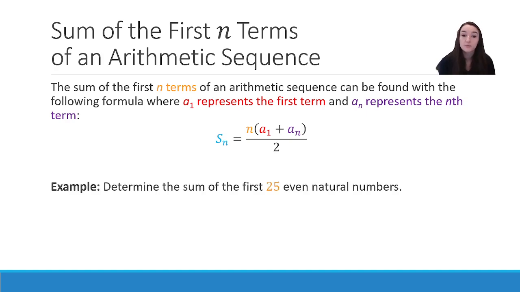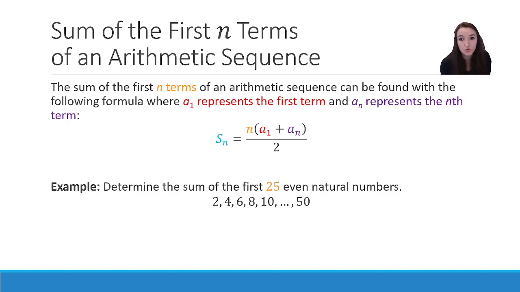So if I wanted to determine the sum of the first 25 even natural numbers, okay, so even natural numbers. I didn't give you the sequence, but that's one you should know, right? The even natural numbers are 2, 4, 6, 8, and so on, and the first 25 of those terms gets me up to 50.